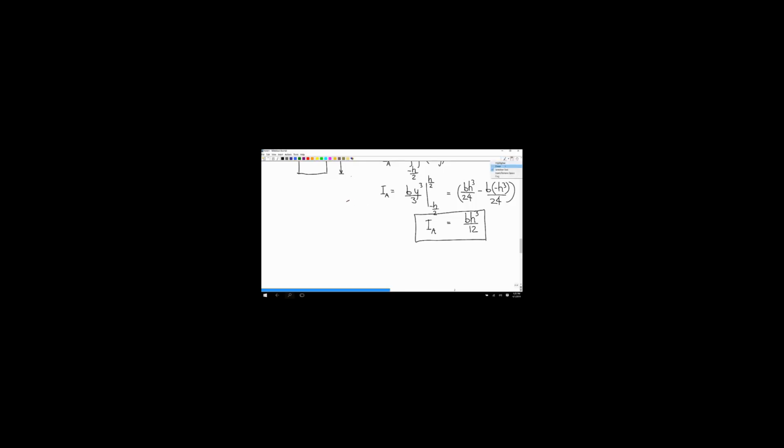Okay, so what does this say intuitively? Notice not all dimensions are created equal for this. The height of the cross section is way more important than the width of the cross section.